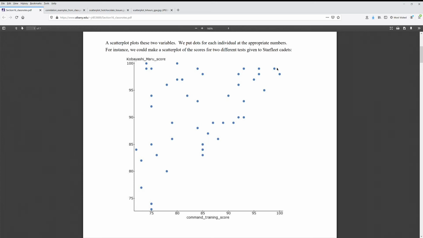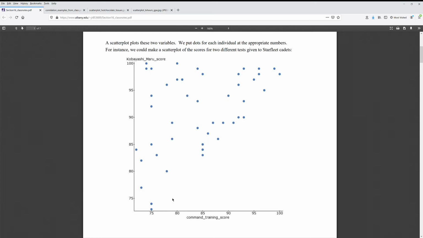Individuals that did higher on the one exam tended to do higher on the other exam. Individuals that did lower on the one exam tended to do lower on the other exam. This individual got a 75 command training score and maybe about a 74 Kobayashi-Maru score. This individual also got a 75 command training score and a slightly lower Kobayashi-Maru score.